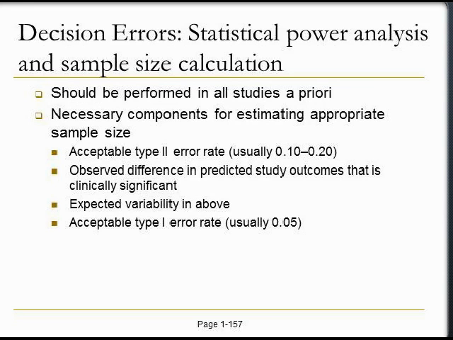Obviously, an acceptable type 2 error rate. We have to know the difference in the outcomes that we're observing that we think is clinically significant. And we have to know what variability exists in this measurement. And we also have to know what the type 1 error rate is.